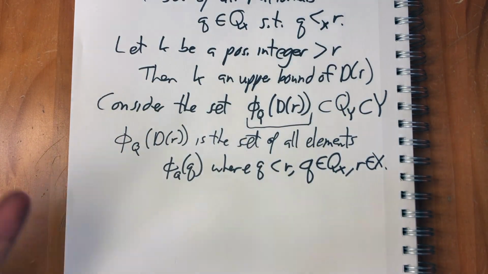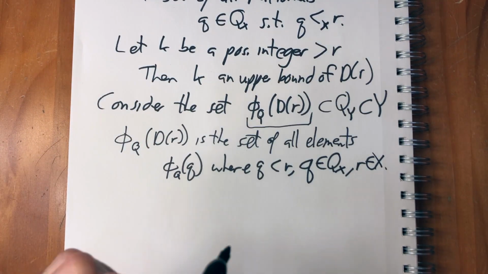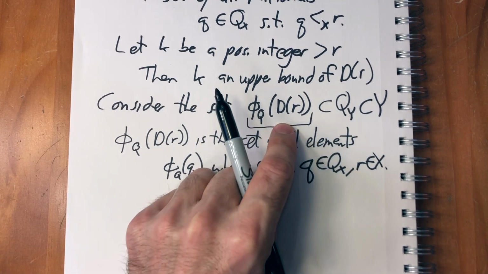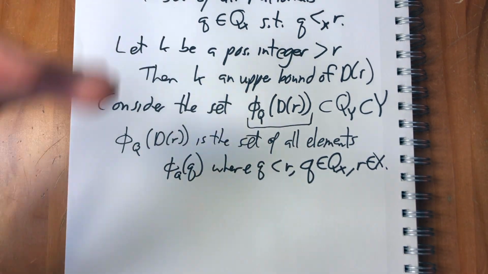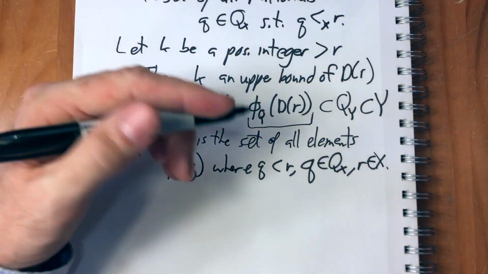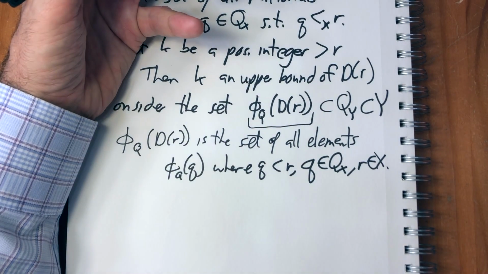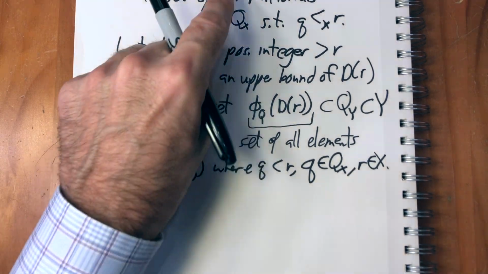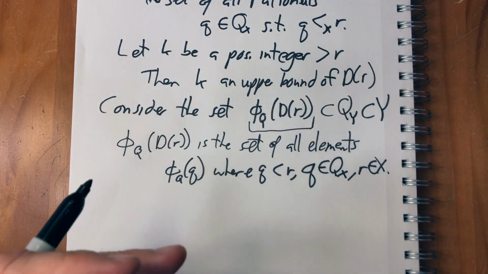It's the set of all rationals less than R. But what we don't know is what does this set in Y look like? We understand that it's the set of every Q sent to Y, but we don't know that it has the same properties as dr. So that's what we have to look at.